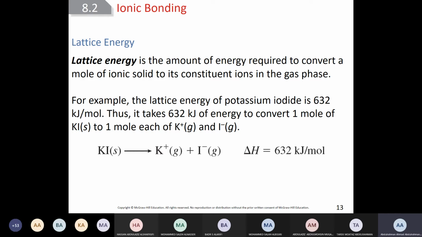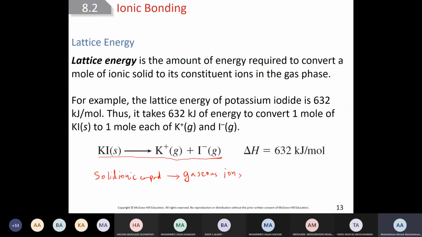Now, the lattice energy, we define it. What do we call this energy? Lattice energy. Why? What are we doing? Breaking a solid ionic compound into gaseous ions.